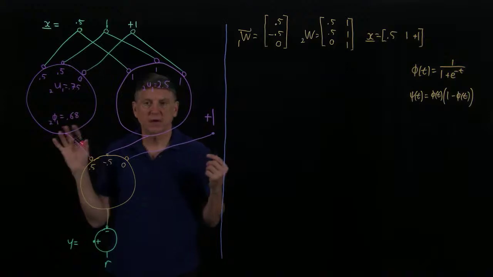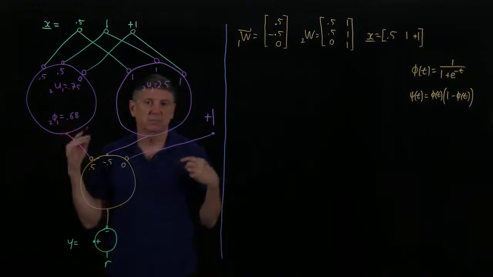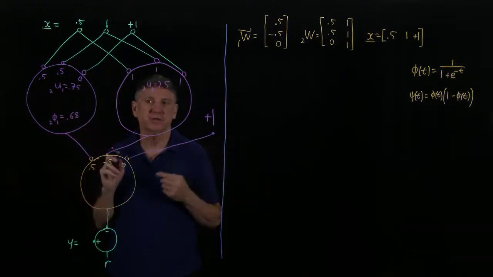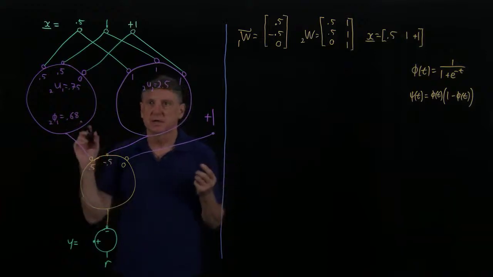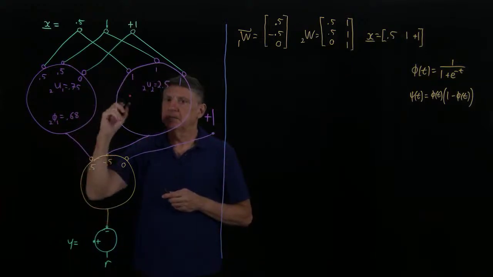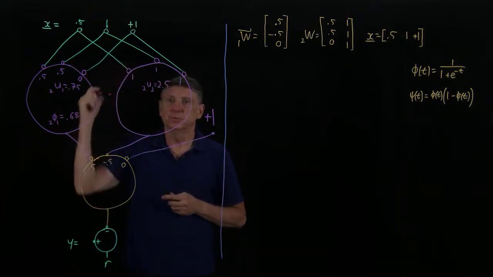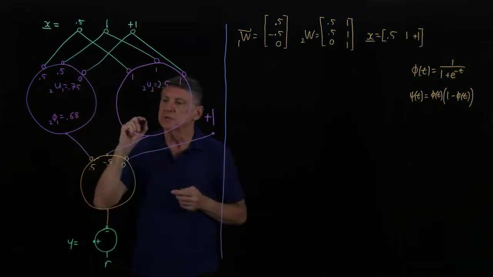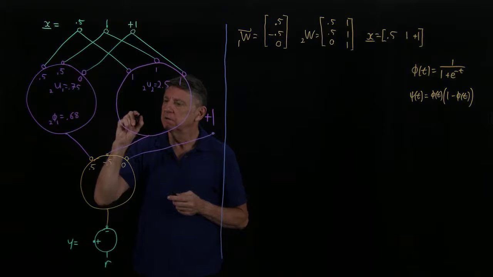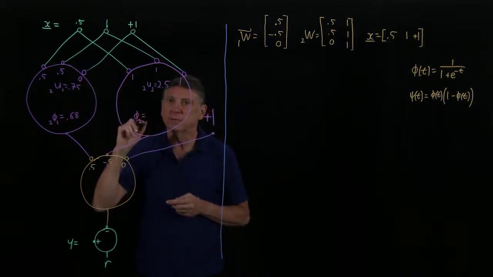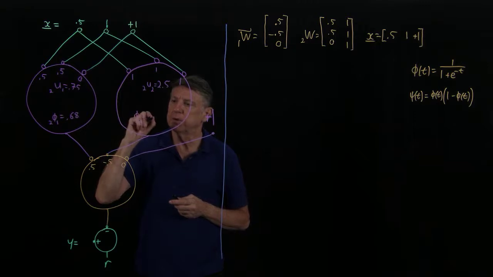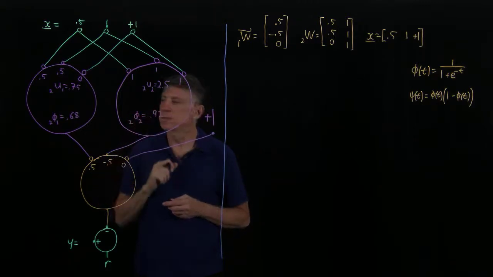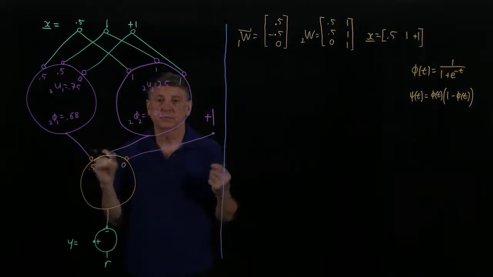In the notes we carry many more decimal places, but for this illustration I'll just carry 2 decimal places in most places. Here, the activation of 2.5 will be quite large, pretty close to 1, so that is the activation layer 2 neuron 2, and that will be 0.92. So we've now computed those.